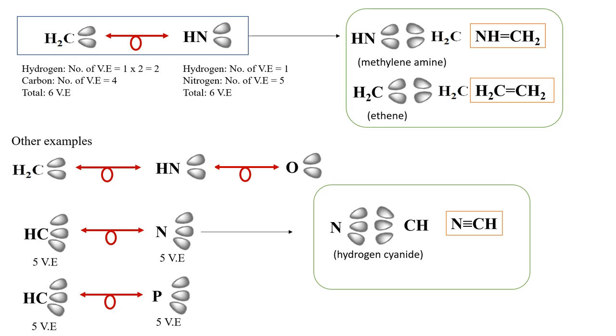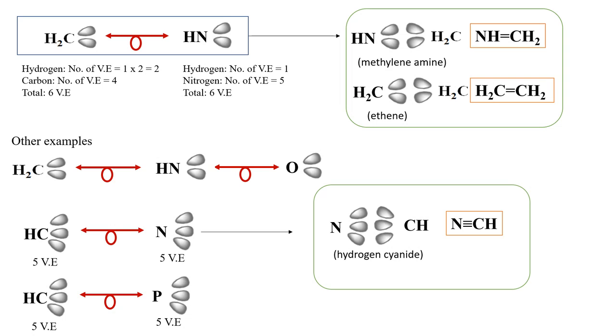Remember, when you remove two hydrogens, you are creating two vacant orbitals. Similarly, from ammonia, if you remove two hydrogens, you are creating two vacant orbitals with one electron in each, because the leaving atom takes its part of the electron. So even this has 6 valence electrons.